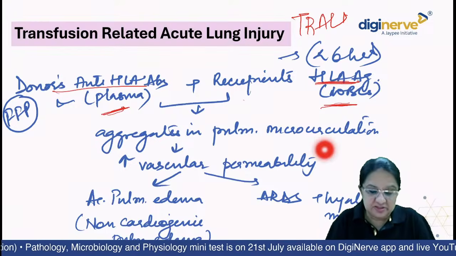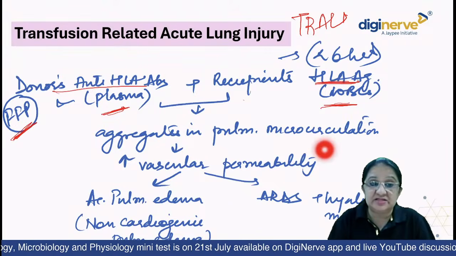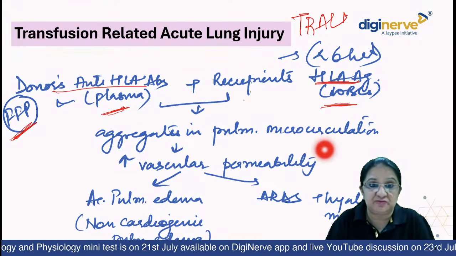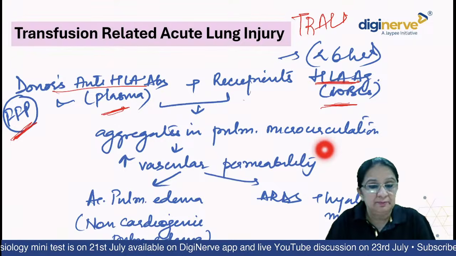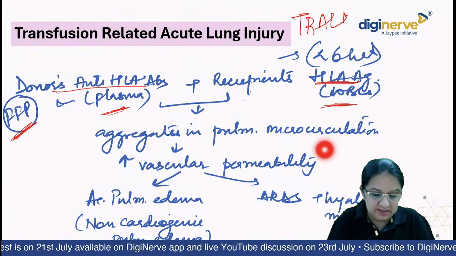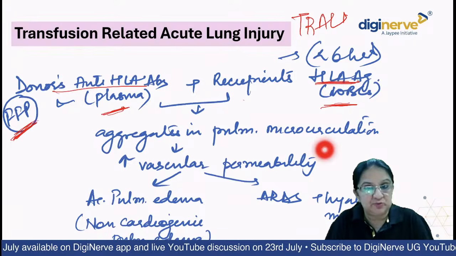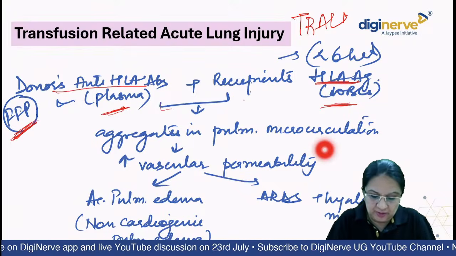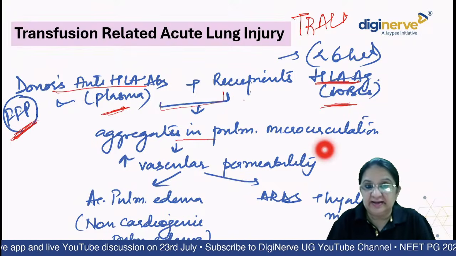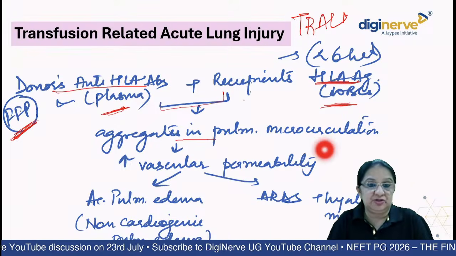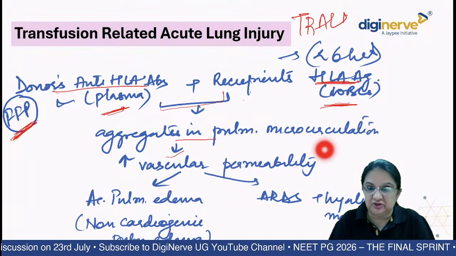This is most commonly seen with transfusion of fresh frozen plasma, because in fresh frozen plasma the donors' anti-HLA antibodies would be present. These two react and aggregate in the pulmonary microcirculation, resulting in increased vascular permeability.